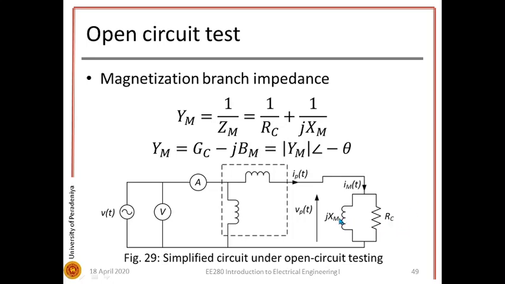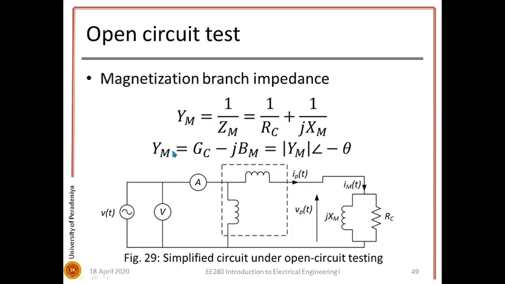The transformer under open circuit test can be represented by the magnetization branch. We have reactance and resistance in parallel, so we can write the equation for impedance: 1 over Zm equals 1 over Rc plus 1 over jXm. Zm is the impedance, so the admittance is 1 over Zm.